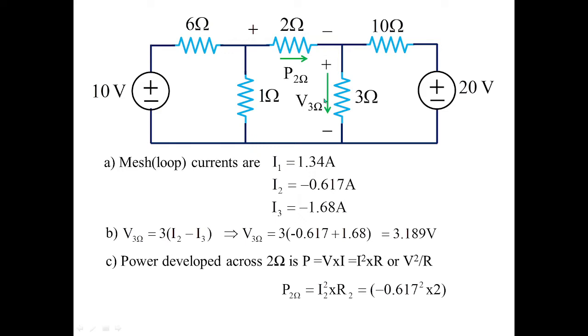So power developed across 2 ohms is equal to I2 square, the second loop current, into R2, that is minus 0.617 square into 2, which gives us the value as 0.761 watts. So this is how we solve the problems using mesh analysis.